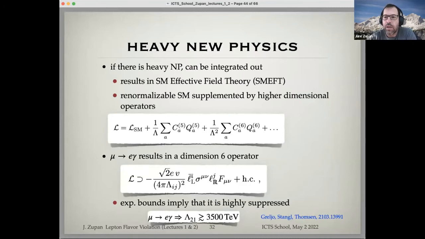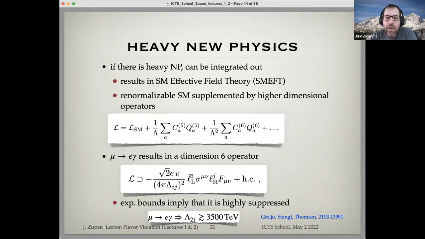The first term that couples leptons to photons starts at dimension 6 because the left-handed and right-handed leptons have different gauge numbers. This one is in a doublet. The right-handed is in an SU(2)_L singlet. So we need a Higgs field to make this a gauge singlet.